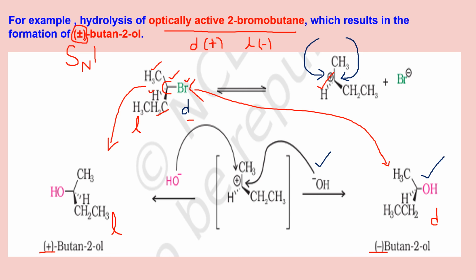So you got the same configuration here, levo, and this is just the opposite, dextro. I have explained in both ways. Here, because it is given it is dextro, then we can say it is dextro because these things are found experimentally. Just by looking at the structure, you cannot predict dextro or levo. So that's why I have explained, imagining that this was dextro and then again taking this as levo.